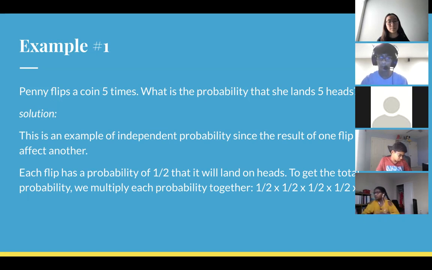So there's a 1/2 chance of flipping heads with your first coin, and then a 1/2 chance of flipping heads with your second coin, and then the same for the third, the fourth, and the fifth. So it's going to be 1/2 times 1/2 times 1/2 times 1/2 times 1/2, which is going to be 1/32.